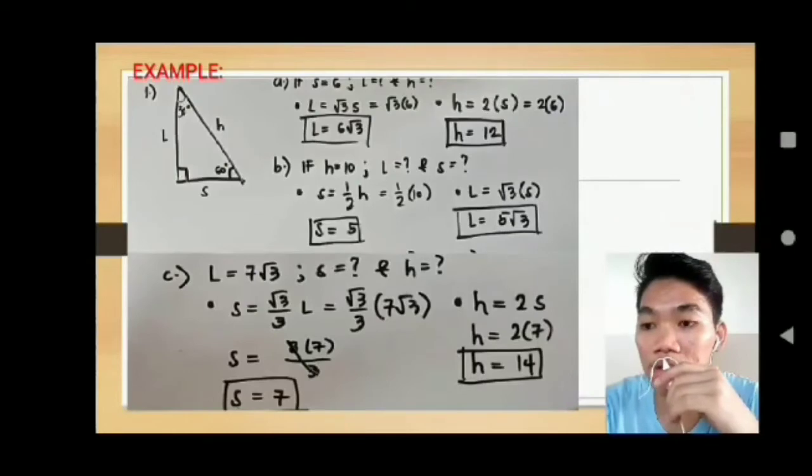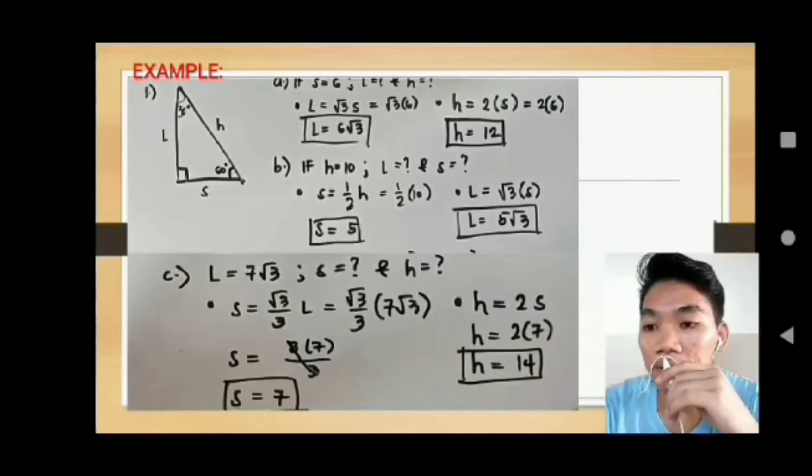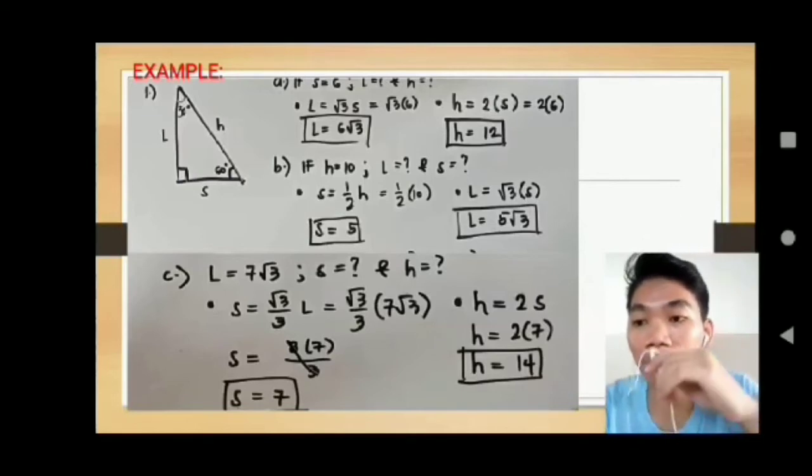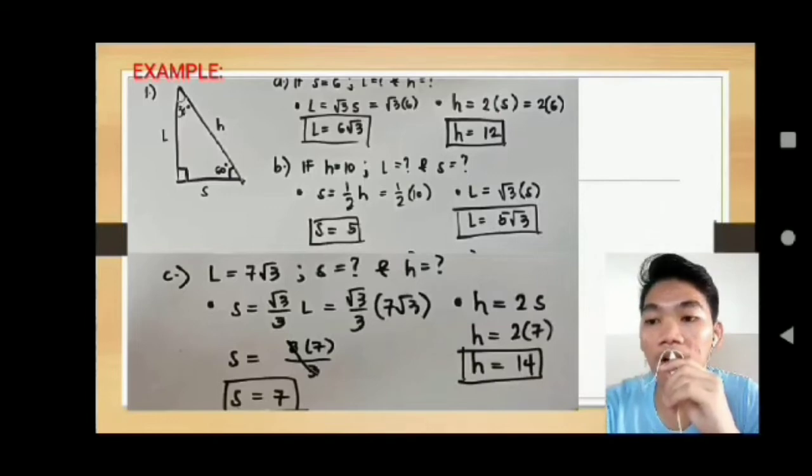So, example natin dito is S is equal to 6. Okay? Then, what is the length and the hypotenuse? So, ang hanapin muna natin is length. Ang given natin is shorter leg. So, kapag leg ang hinahanap natin, it is square root of 3 times the shorter leg.